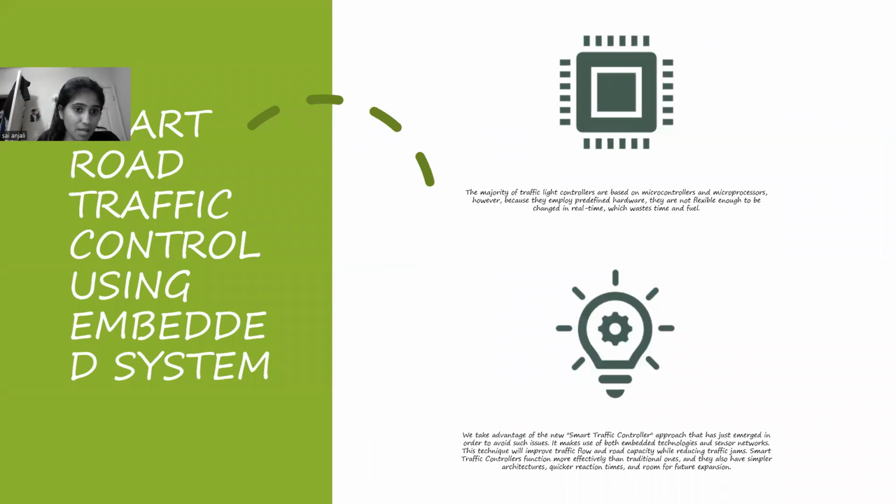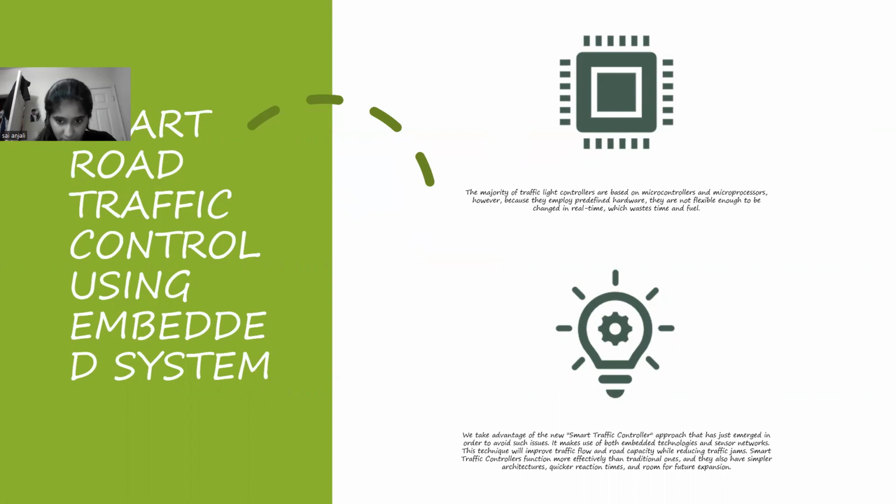As an example, for the road traffic control system, I'm using a system called traffic control done smartly using an embedded system. The majority of the traffic control systems which we have in existence right now are not that flexible, and they cannot be enough for a real time application.